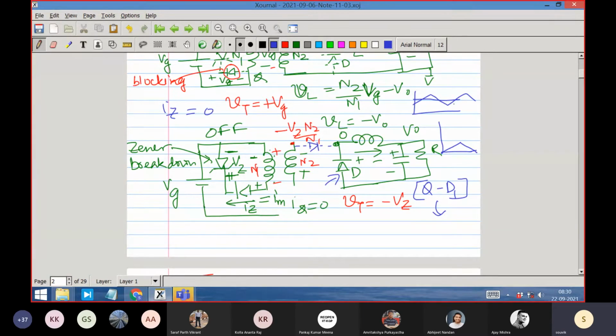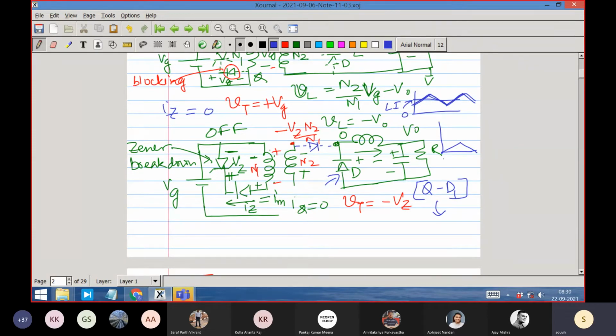Its ripple is superimposed or shifted over another flux that is due to L into I average. That is the level on which delta I is producing this flux. So its flux is shifted from 0. It is not at the 0 level.